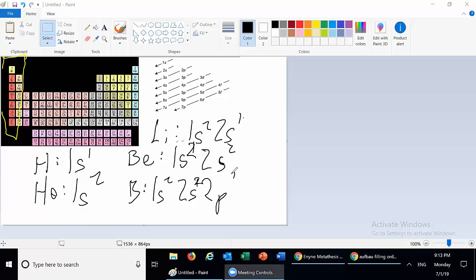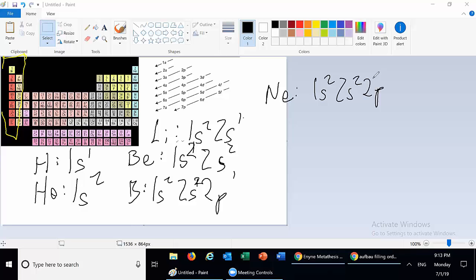So now let's just skip to neon. Can someone tell me what the electron configuration should be here? 1s2, 2s2, and 2p2. No, wait. It's neon. So it's 2p.